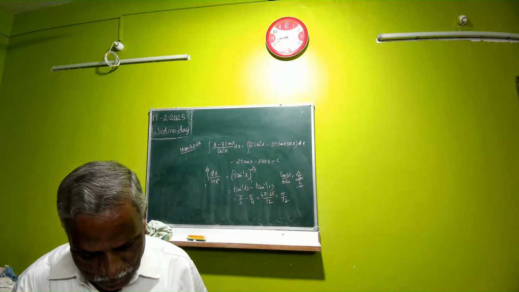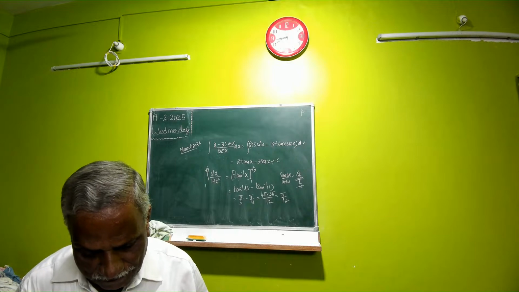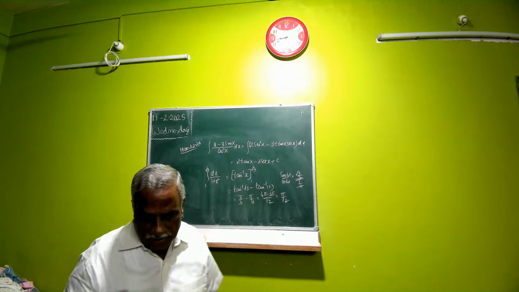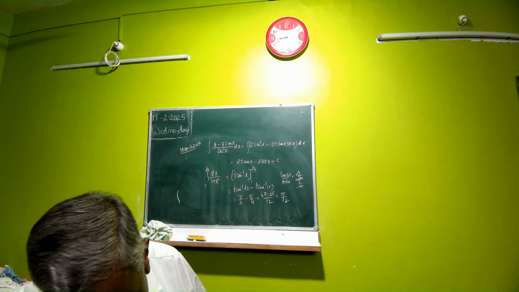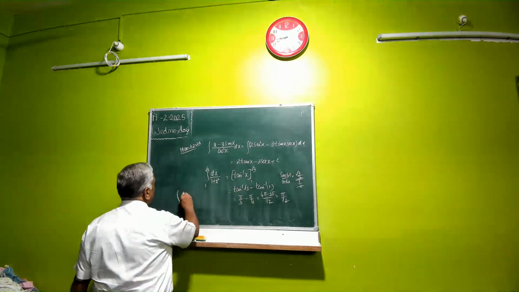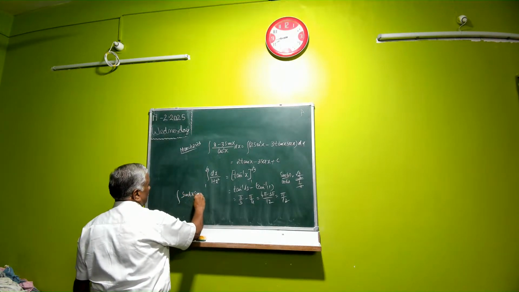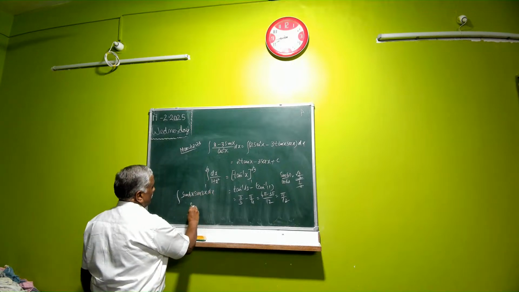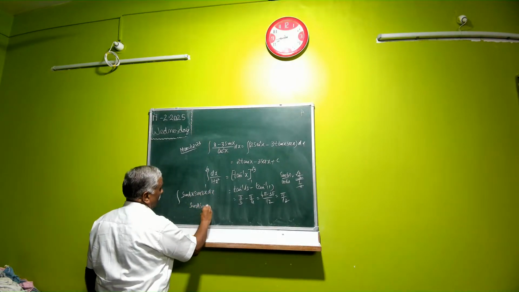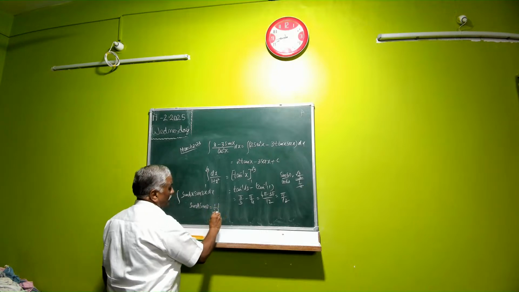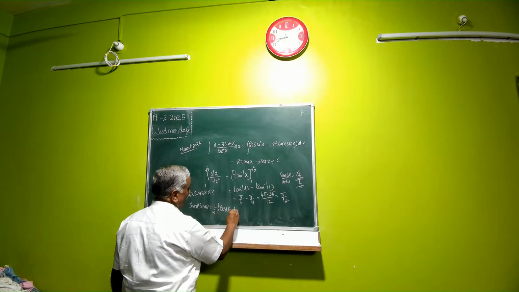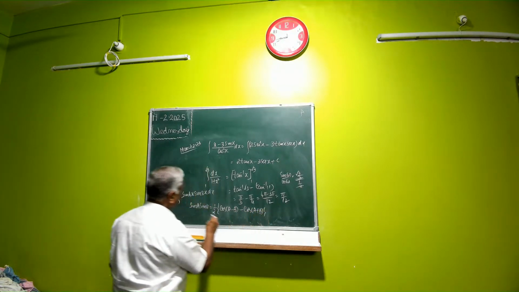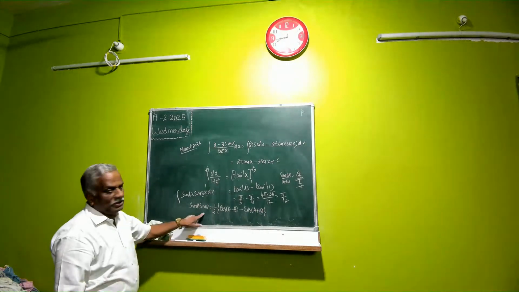We move on to June 2023. The problem is sin 4x, sin 8x. You have to use the formula sin A sin B is equal to half of cos of A minus B minus cos of A plus B. Take A as 8x, B as 4x.